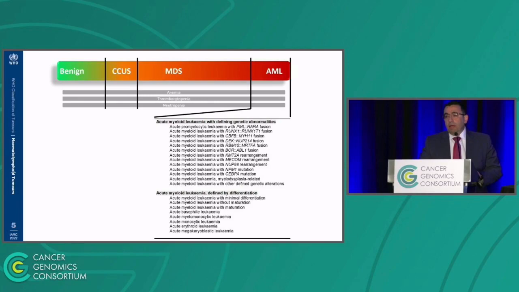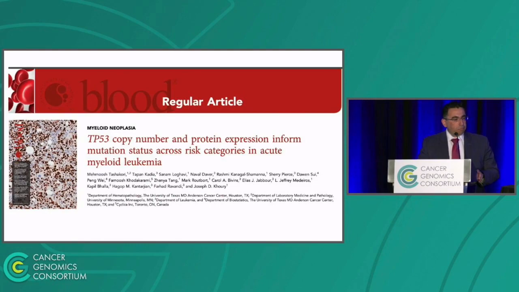There is no AML with P53 mutation in the WHO classification, and I hope to spend the next 5 to 7 minutes at least providing some data that argues that P53 mutation per se as a defining molecular alteration of a type of AML is probably going to be masking a lot of important biological depth that we need to retain in our classification scheme.